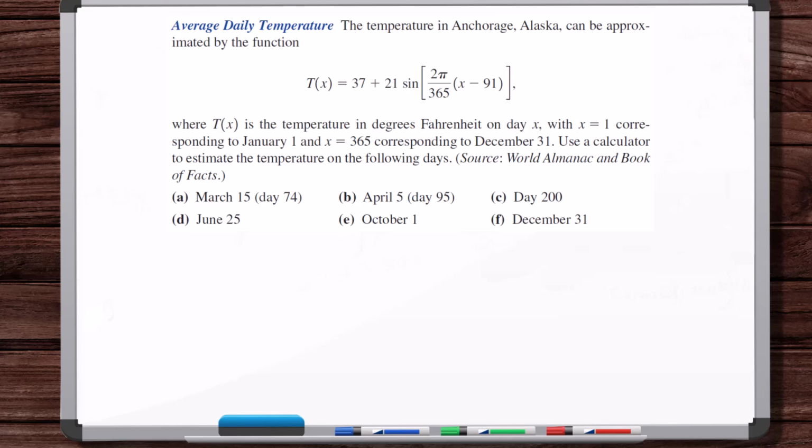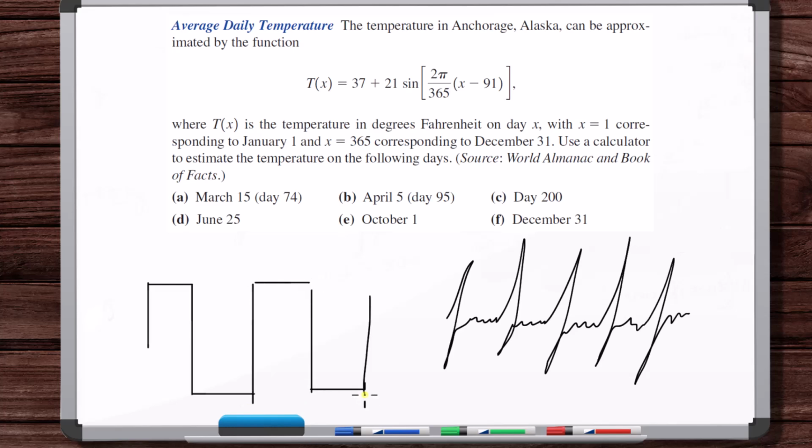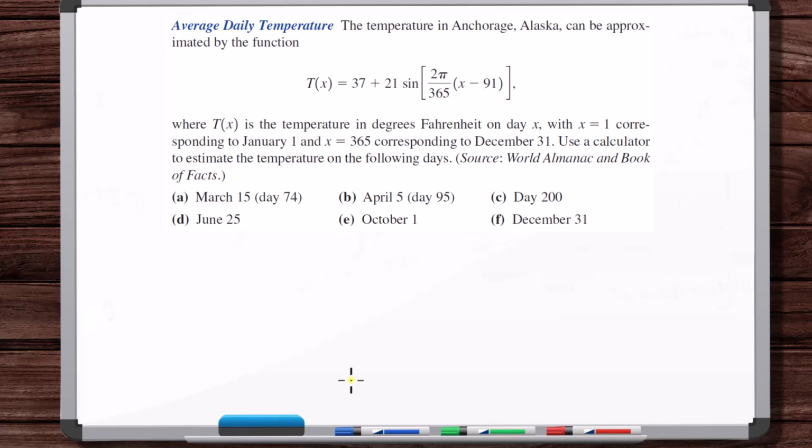We talked about there's all kinds of different periodic functions: the heartbeat on a heart monitor, square waves, triangle waves, etc. But the most fundamental, the king or queen of all periodic functions, are the sinusoids.